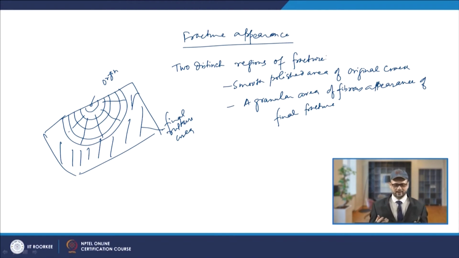So, you will have two types of lines. If you look at these, you will have the concentric rings.